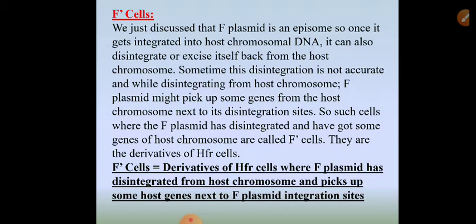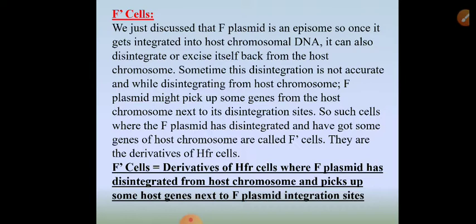Right. So we just discussed that F plasmid is an episome. Once it gets integrated into host chromosomal DNA, it can also undergo disintegration or excise itself back from the host chromosome. Sometimes this excision is not accurate. While disintegrating from the host chromosome, the F plasmid might pick up some genes from the host chromosome next to its integration point.